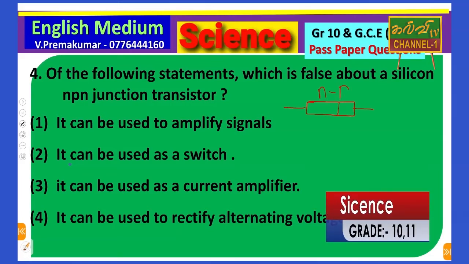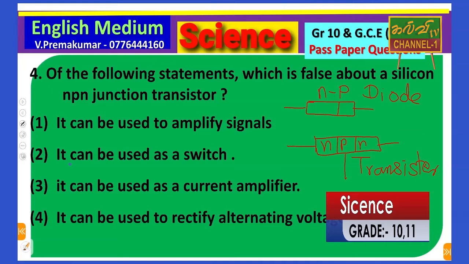The NP junction, right? This is for the diode. The NPN, you know that there are 3 terminals. This is a transistor.